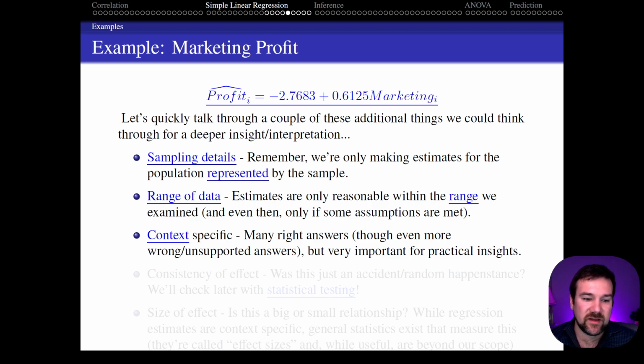Context specific. I want to be careful as we talk about some different contexts here, because it's important to realize that there's just a wide range of different contexts that we can look at. So I wrote a couple of these down. I'm glancing at this now. So let's say, net versus gross profit. If you look at the previous slides, as I spend an additional $1,000 in marketing, I get $600 in profit.